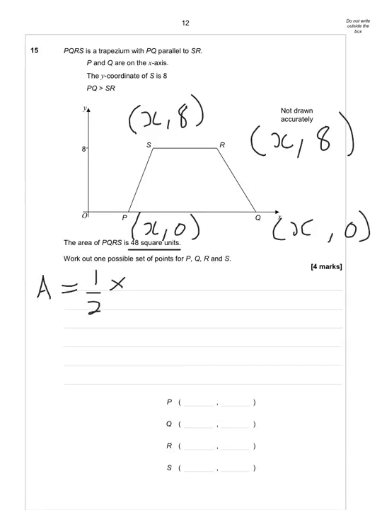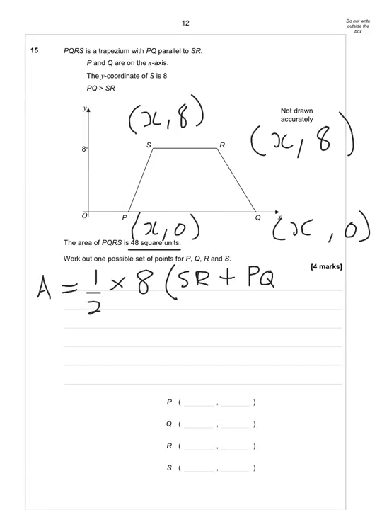So I can say with fair confidence that's going to be 8. And instead of saying A here, I'm going to say that's length SR, and instead of saying B here, I'm going to say that's length PQ, where I know that PQ is longer than SR.